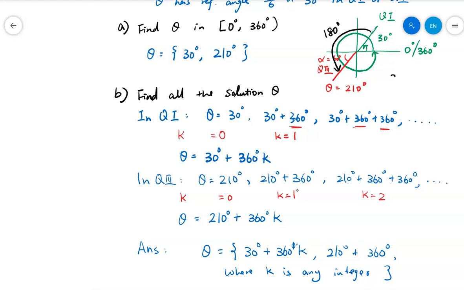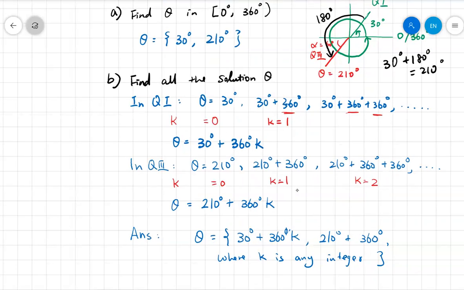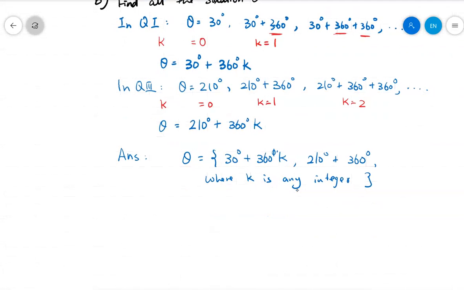So 30 degrees plus 180 will give me 210. Because the tangent graph is special, I can combine both answers into one. That is 30 plus 180k, where k is any integer.